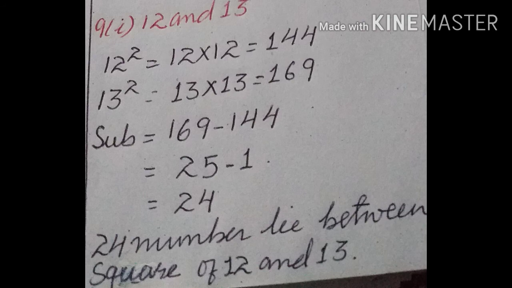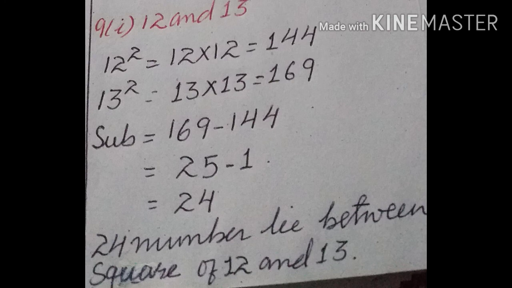A 12 ko square means 12 लाई you have to multiply 2 times. That means 12 square is equal to 12 into 12. 12 multiply गर्ने will get 144. अब next मा कतिको निकाल्नु पर्यो 13 को square. And square of 13 is equal to 13 into 13 equals to 169.